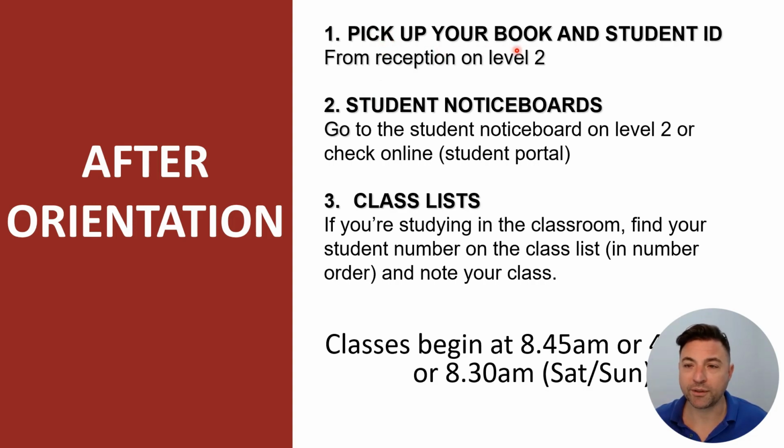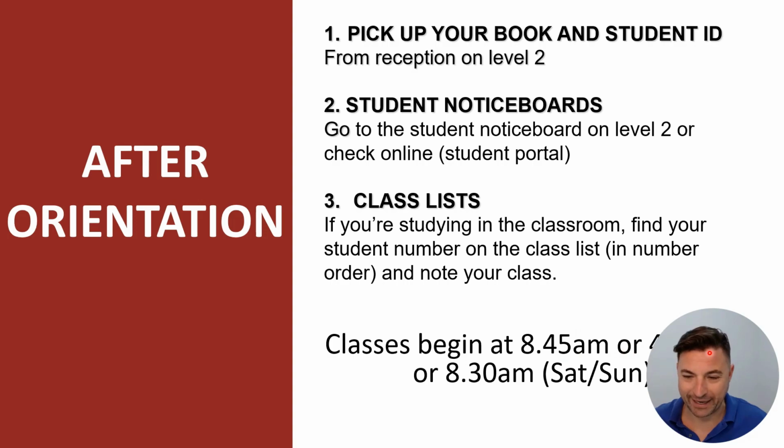You can pick up a book and student ID tomorrow from reception on level 2. You can even do it today. Some people do it on day 1, but most will do it on day 2. And so tomorrow also you'll find your name on the student notice board, and you'll need to go directly to that class. So the class lists will have all of the students on that list, and everybody is in numerical order.